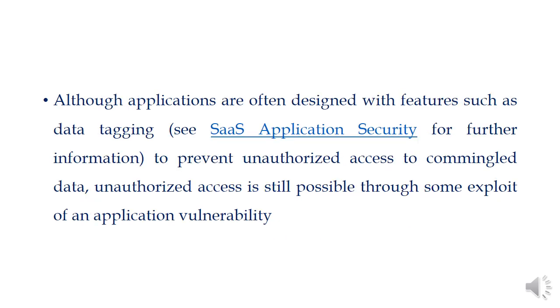Although applications are often designed with features such as data tagging to prevent unauthorized access to commingled data, unauthorized access is still possible through some exploit of an application vulnerability.